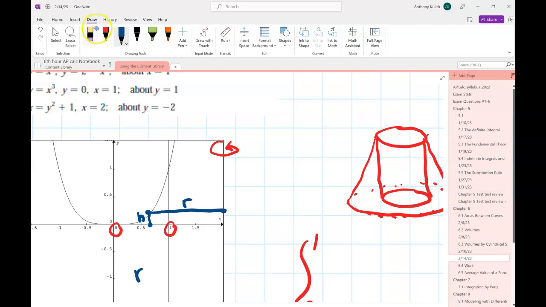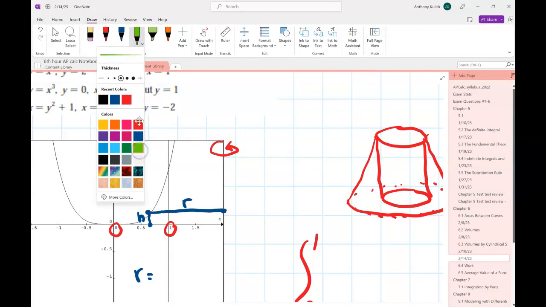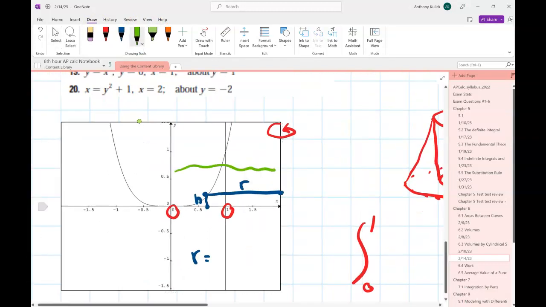So my radius is going to be, well, let's think about it for a minute. This distance is 2. This distance is x, because that's the point (x, y). So r is going to be 2 minus x.